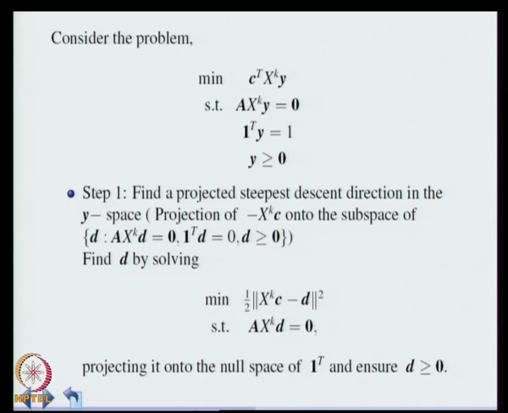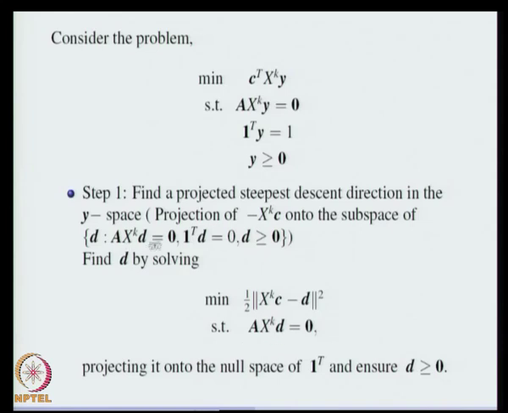Now, the way it is done is the following, that we first solve for d by getting the projection of xkc on the null space of axk, and the projection of xkc on the null space of axk is obtained by minimizing norm of xkc minus d square subject to the constraint that axk d equal to 0.